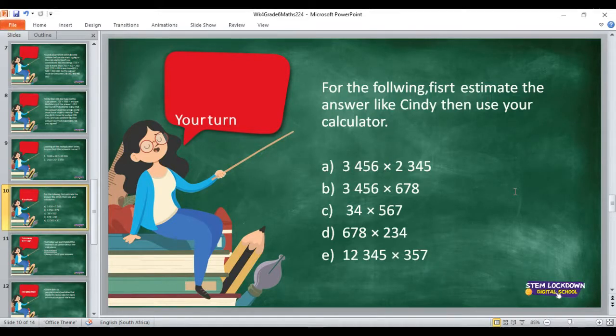I hope there's someone who has completed at least A, where we have 3,456 multiplied by 2,345. Let me look on the chat box and see if there's answers for the estimation and then the right one.